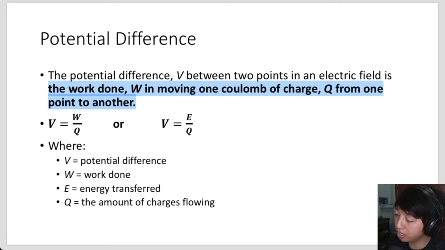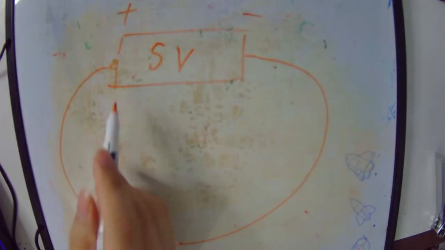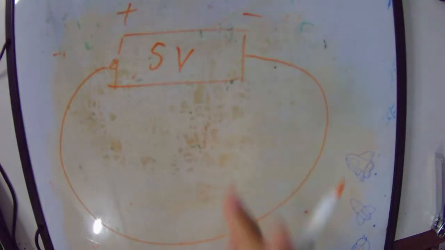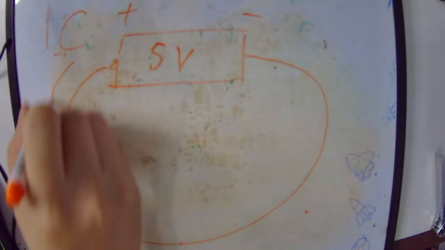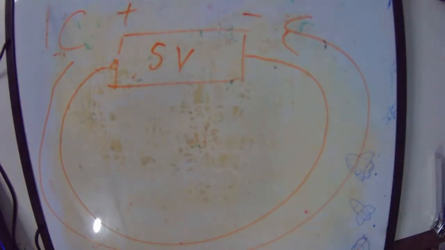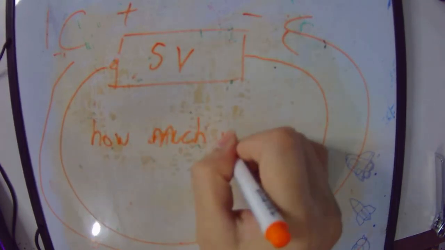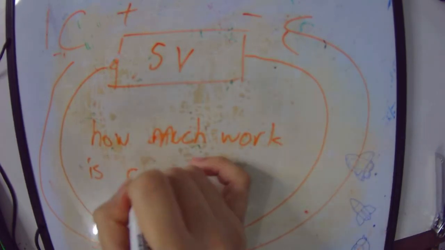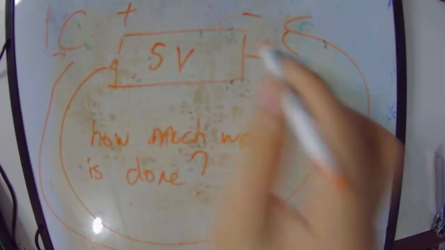So if we use this picture that we already have, this is point 1 and this is point 2. To move one coulomb of charge from here to here, how much work is done?